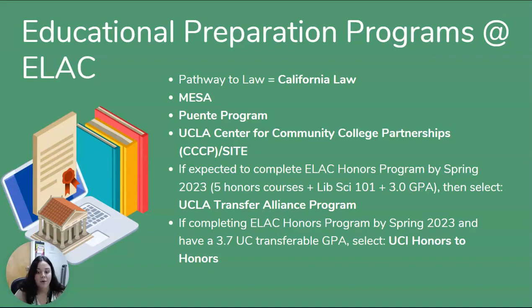If you are applying to UC Irvine, expect to complete the honors program as well, and have a 3.7 UC transferable GPA, then you could select UCI Honors to Honors. These are just some examples. If you don't see yours listed here, it doesn't mean that it doesn't exist, but it has to be from the list that's provided to you from the UC for this specific category.